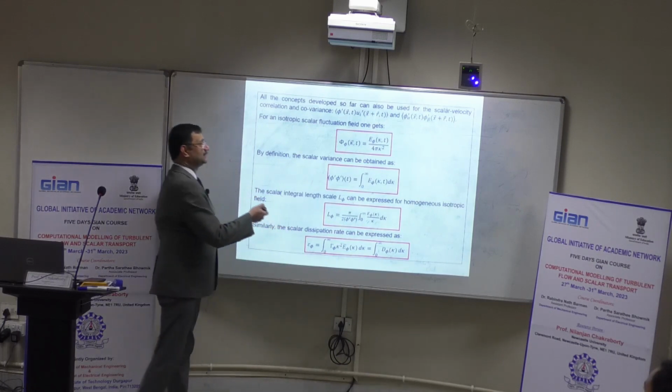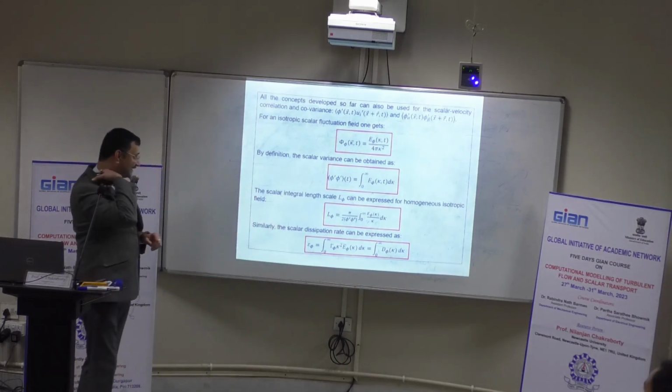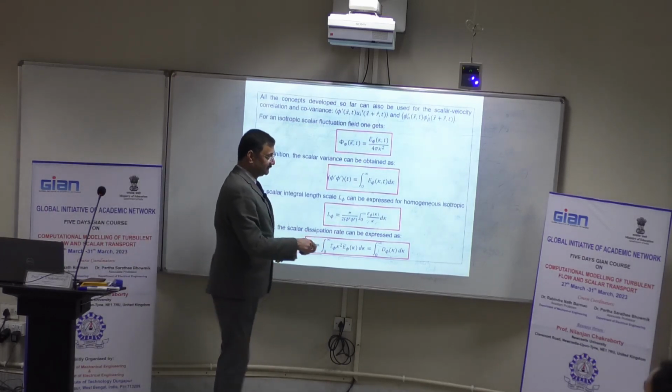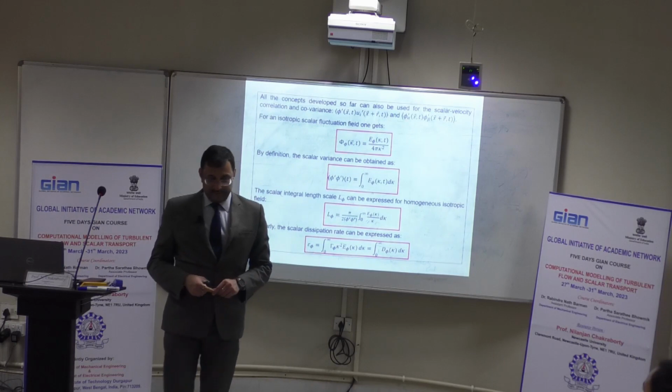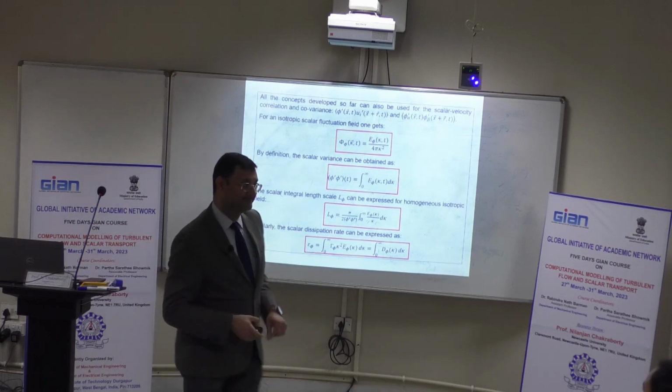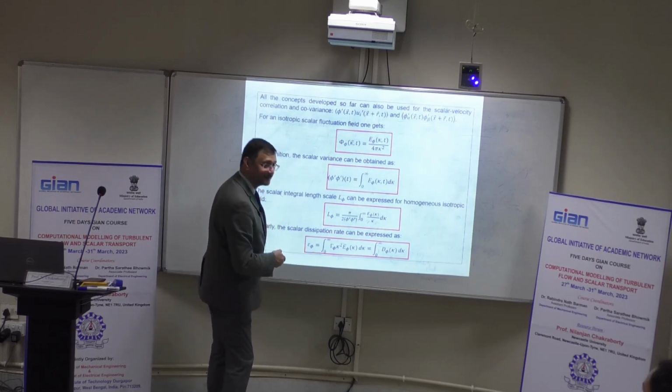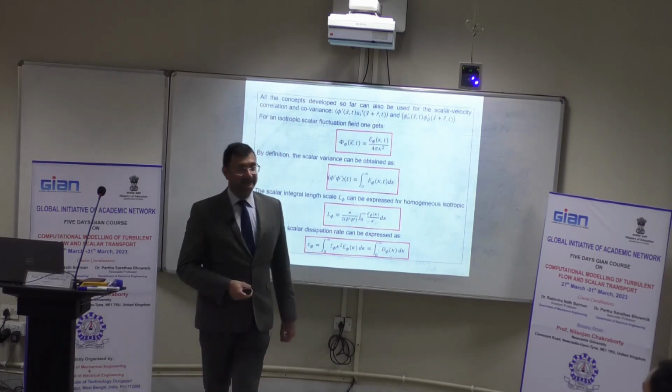From here, as for homogeneous isotropic turbulence, it takes quite a bit of intermediate derivation, but if you do that, ultimately you will end up with this expression for the integral length scale.